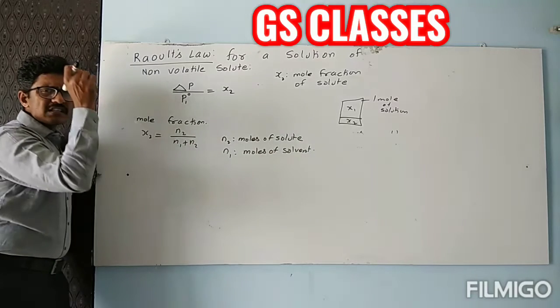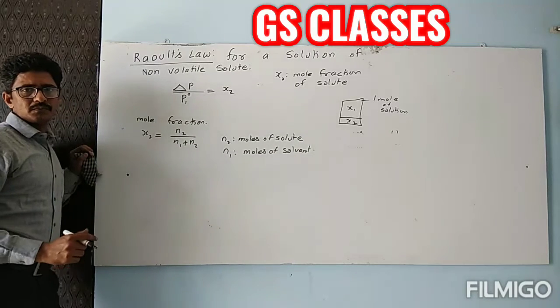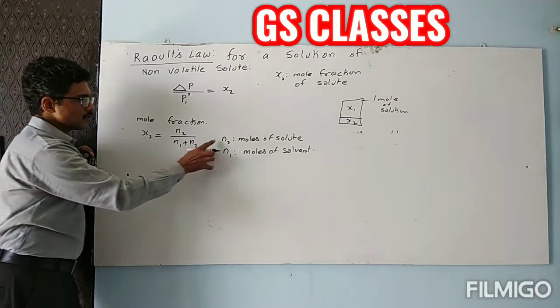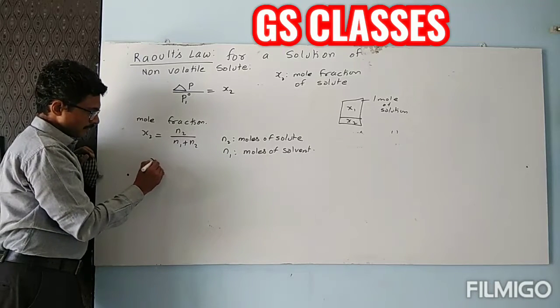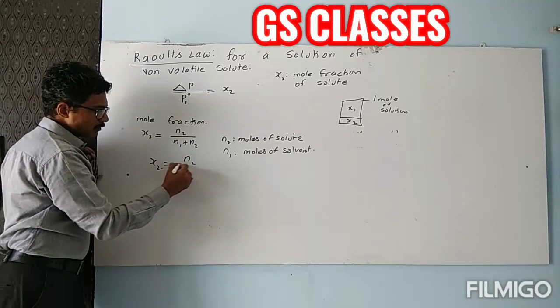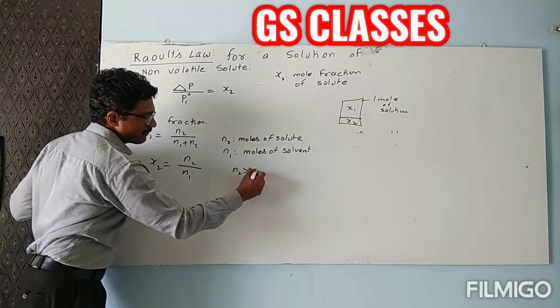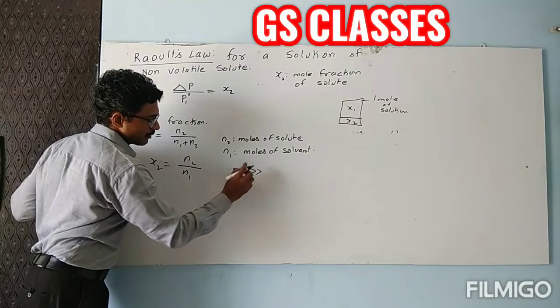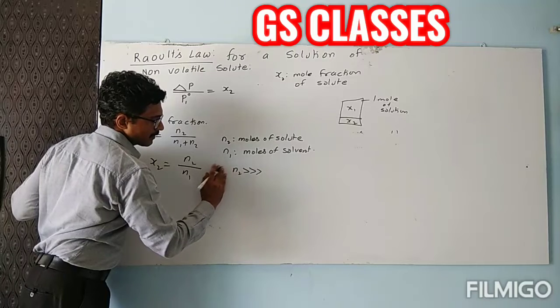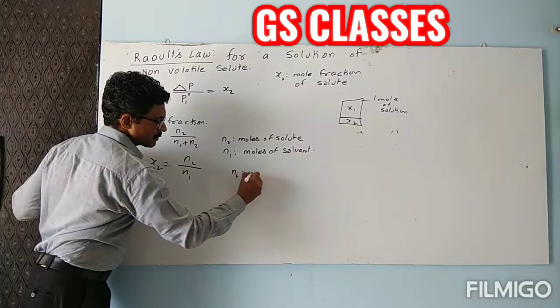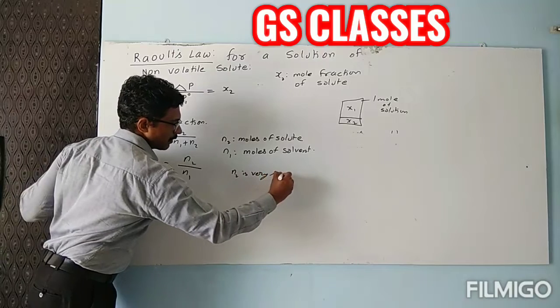N2 is always in a very small amount, so negligible. X2 equals N2 upon N1, since N2 is very small.